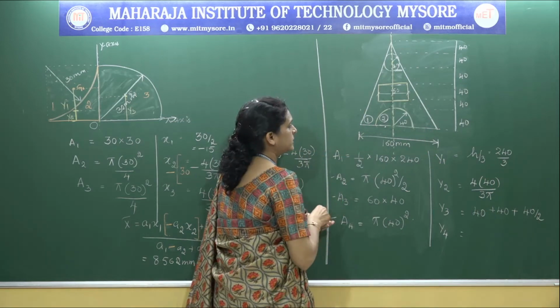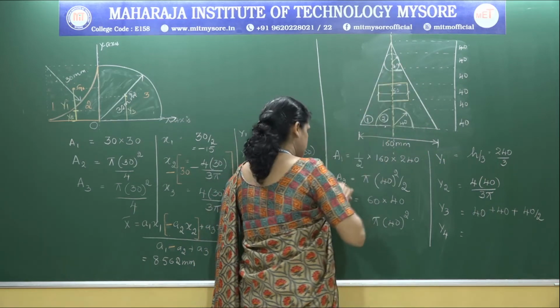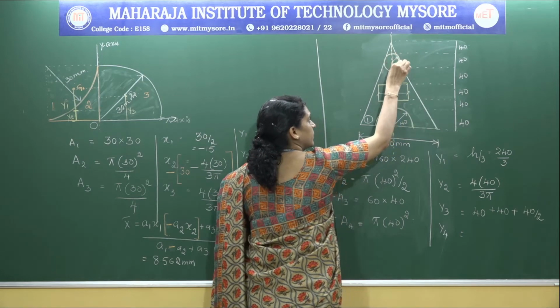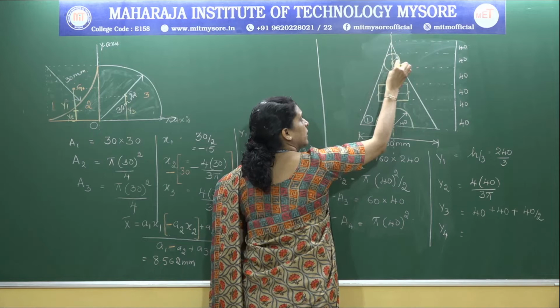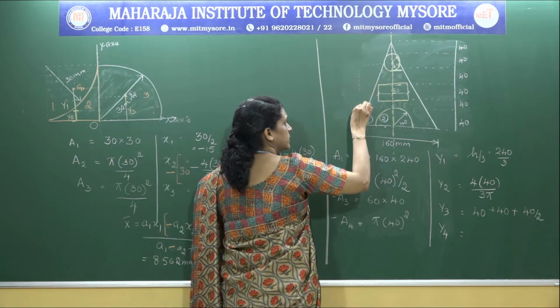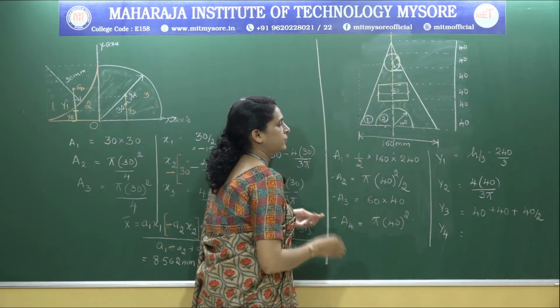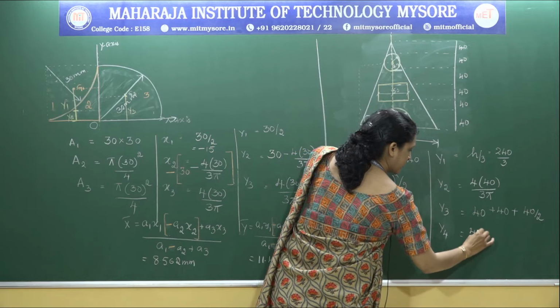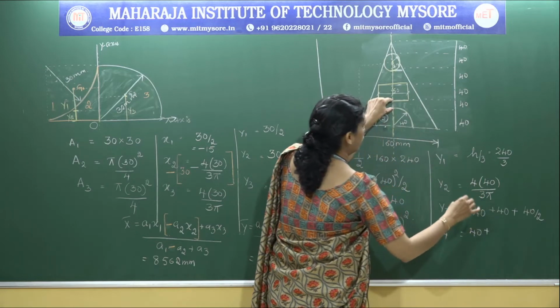Fine. Next, the last section, that is the circle. So the centroid will be here. All we have to consider is this distance. So again it is 40 plus 40.